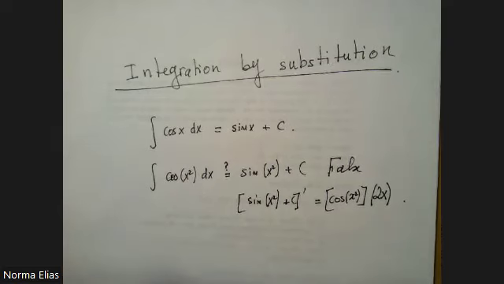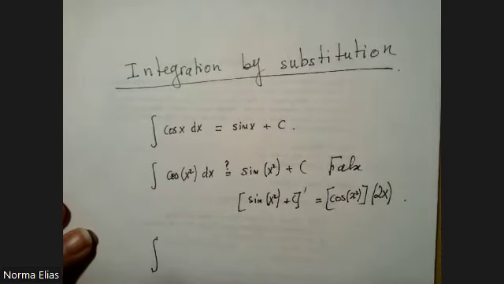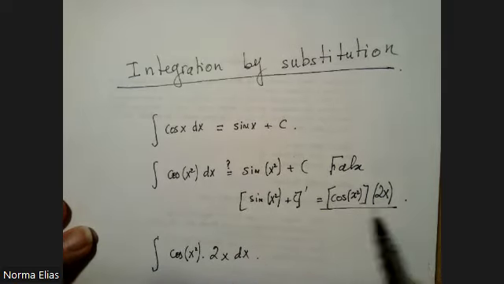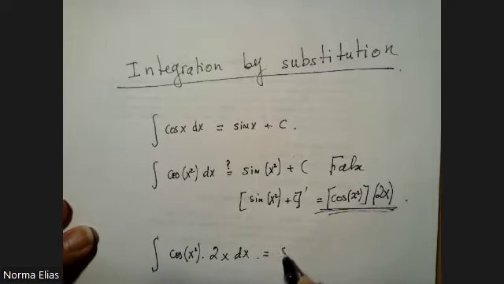So that's absolutely false. However, if I take the following integral, cosine of x squared times 2x dx. So I totally changed the integral. Basically, I took that piece here. Is this equal to sine x squared plus c, of course?